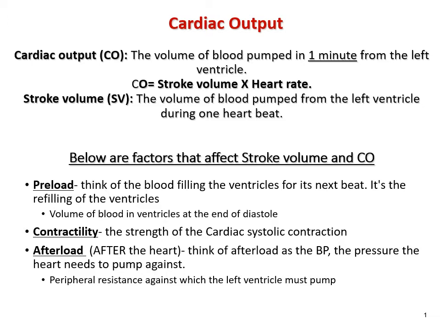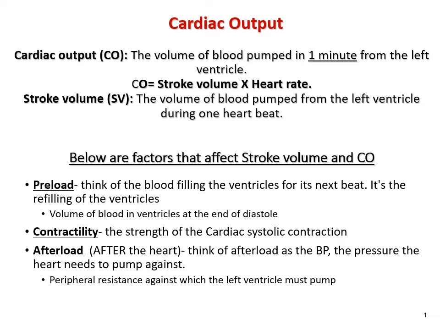The other one is heart rate. Well, heart rate's just a number of how many beats per minute, and that can be affected by exercise level, by fear, anxiety, by hypotension. Your heart's going to increase its heart rate if you're low on pressure. So that's all controlled by the sympathetic and the parasympathetic system.